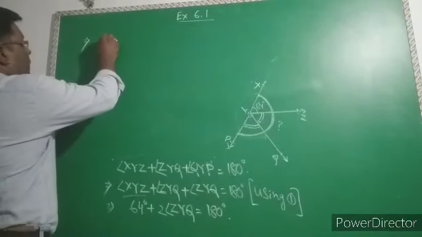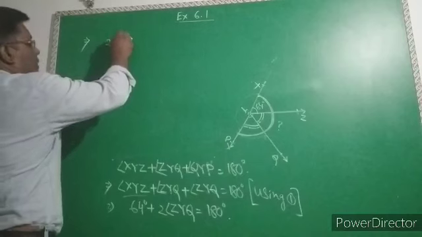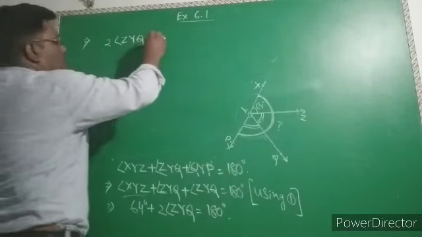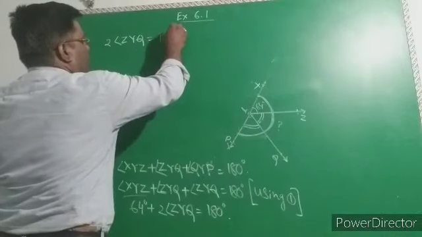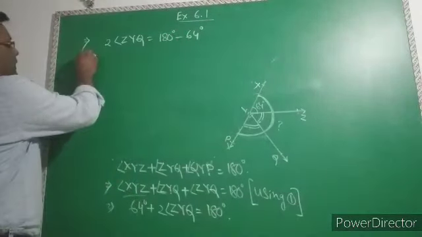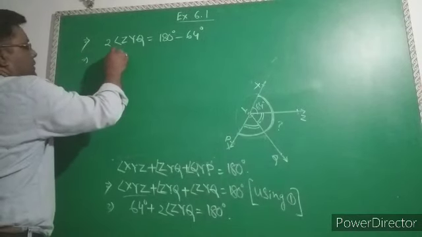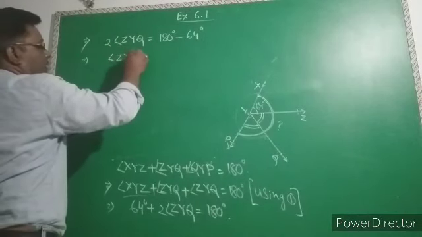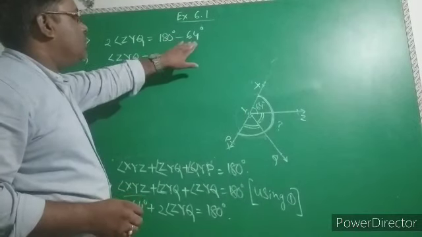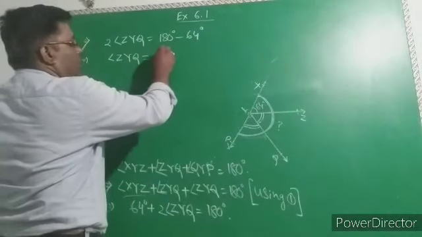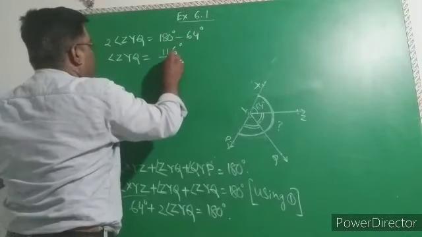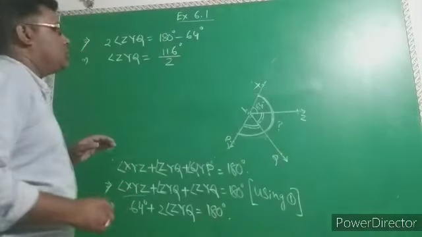Next, twice of angle ZYQ is equal to 180 degrees minus 64 degrees, that is angle ZYQ is equal to 180 minus 64, 116 degrees, by 2.